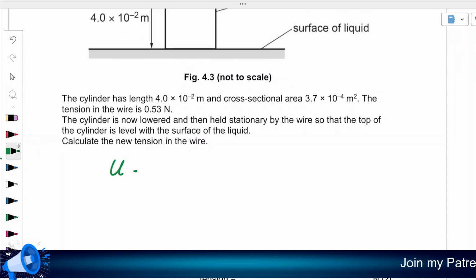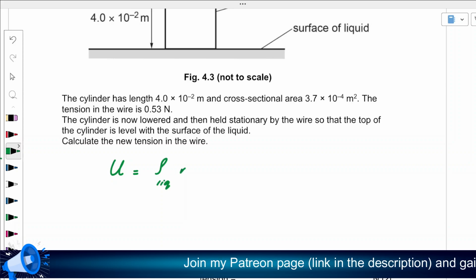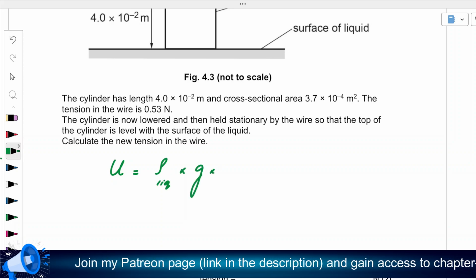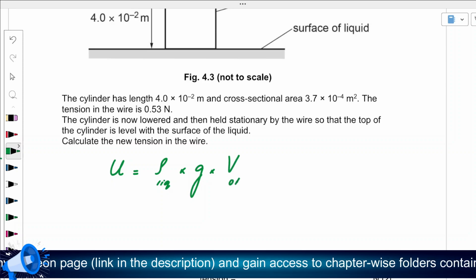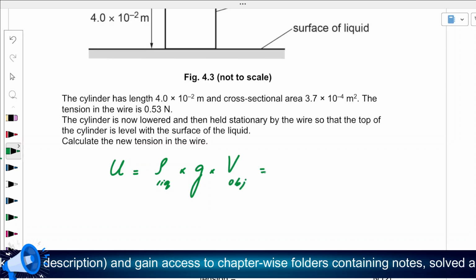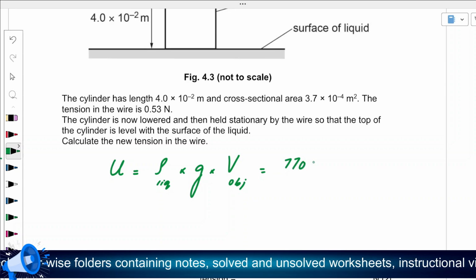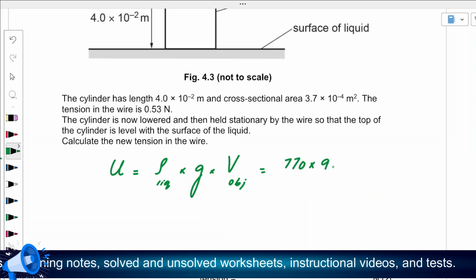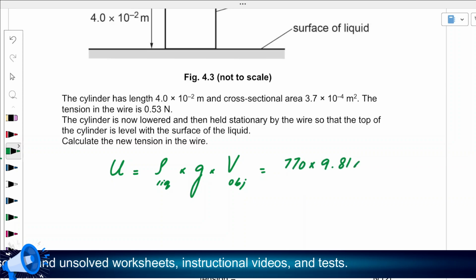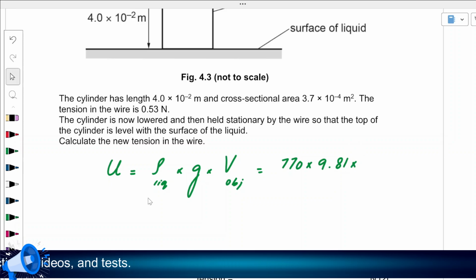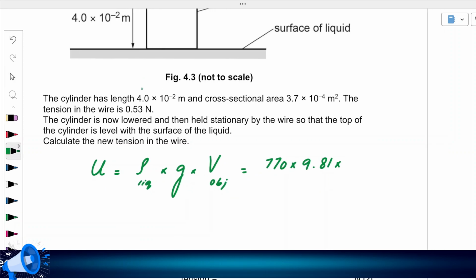So upthrust equals rho, density of liquid, times g times volume of the object. What is the density of the liquid? We calculated previously, 770 times 9.81 times the volume, which is not given directly, but you can use the length and the cross-section area.